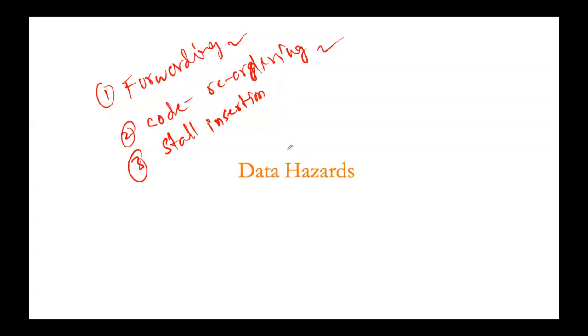Stall insertion means it is possible to insert one or more stalls, that is no-operation instructions, into the pipeline, which delays the execution of the current instruction until the required operand is written to the register file.